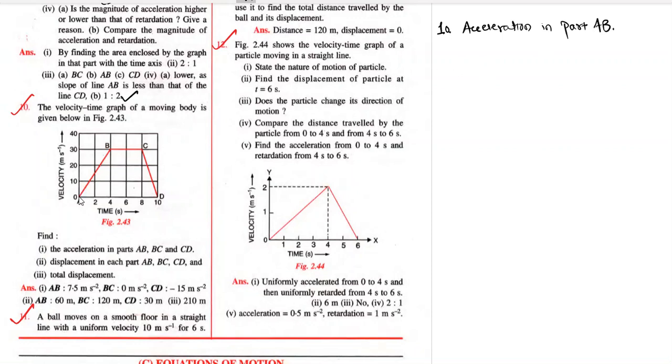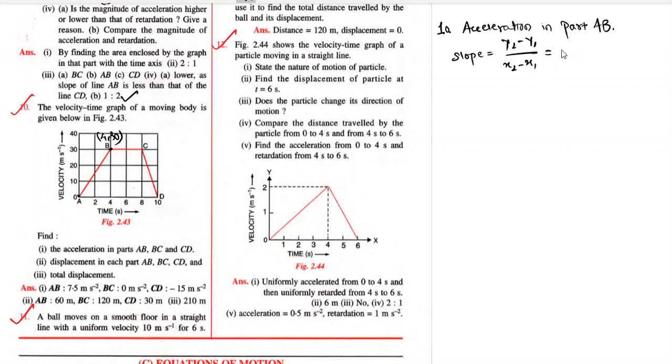So first you need to take 2 points and you need to find the slope of this particular part AB. For that you need to use the formula y2 minus y1 upon x2 minus x1. This is my second point, so let us find the coordinates of this point. It is 4 comma 30. This is the first point, 0 comma 0.